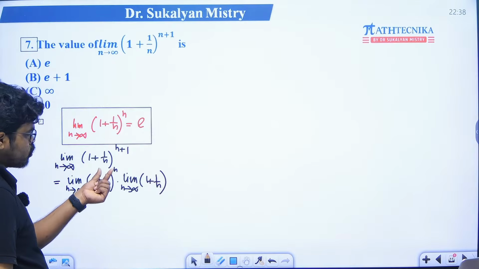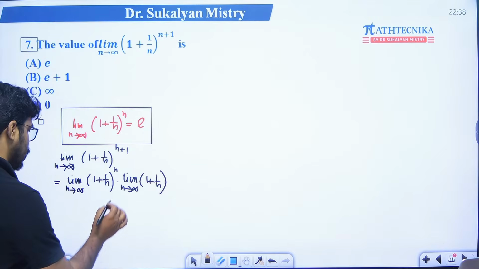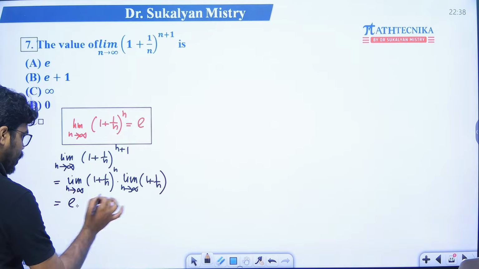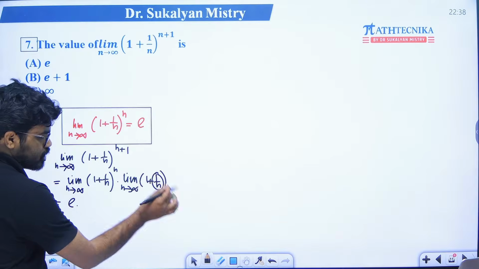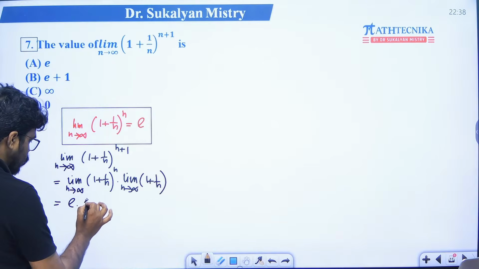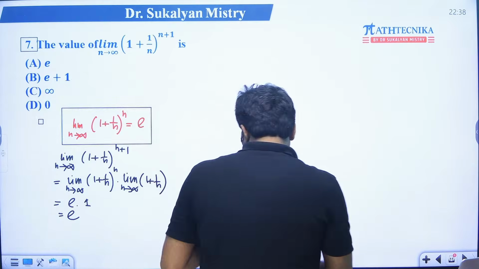That is, (1 plus 1 by n) to the power n into (1 plus 1 by n), so that is (1 plus 1 by n) to the power n plus 1. So this is basically e, times limit n tending to infinity of 1 by n, and 1 by n goes to 0. So ultimately you have 1. So e into 1, that is e. Okay, so option A is the correct answer.